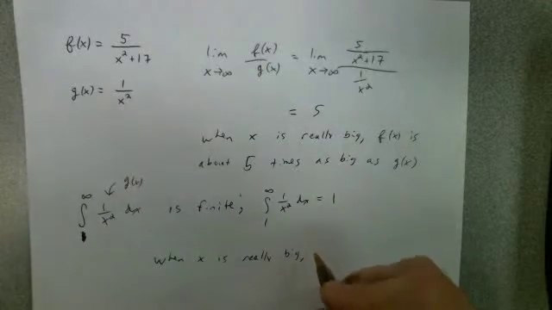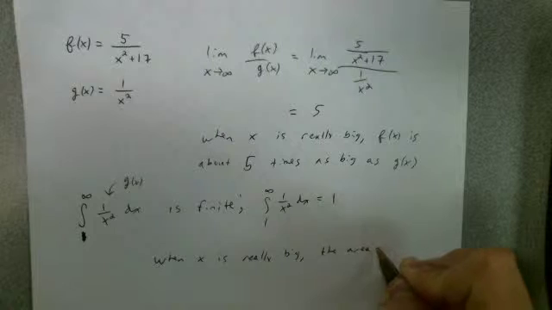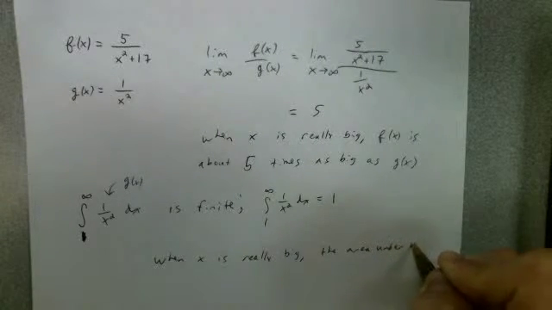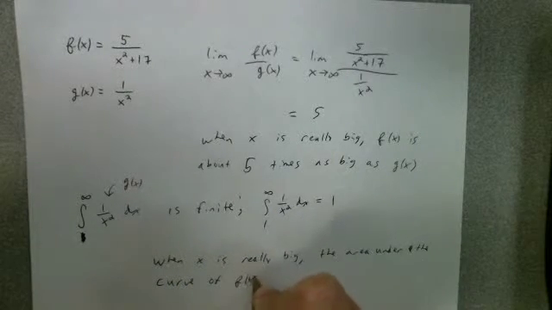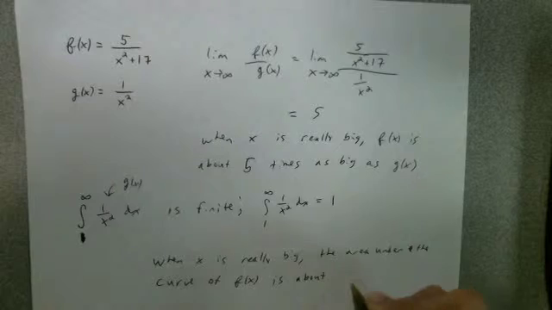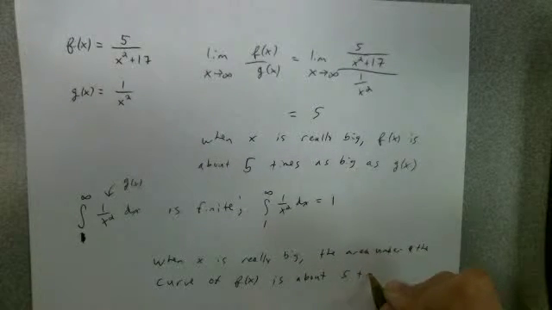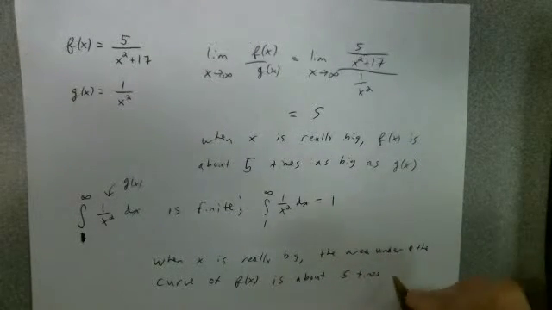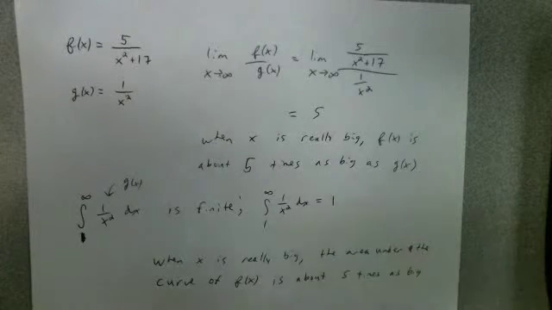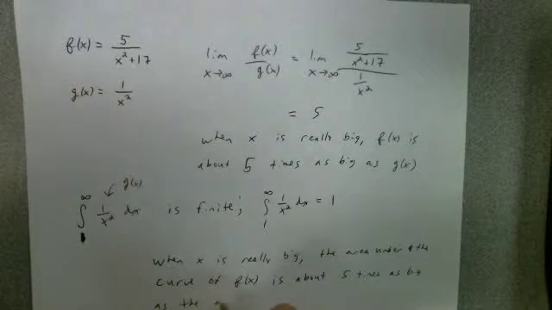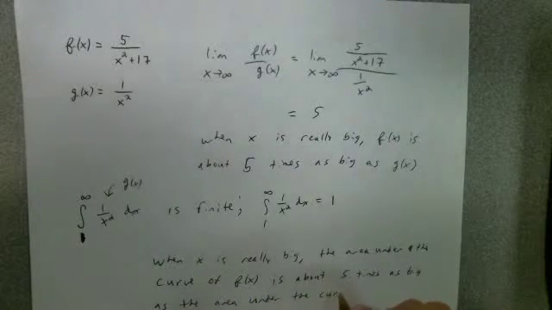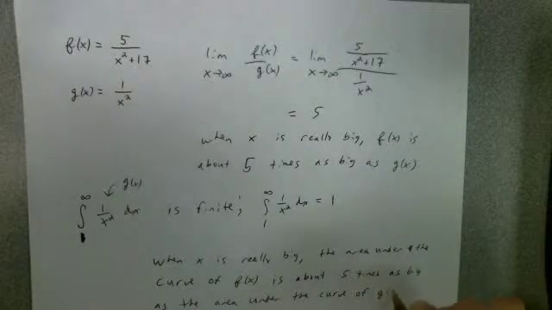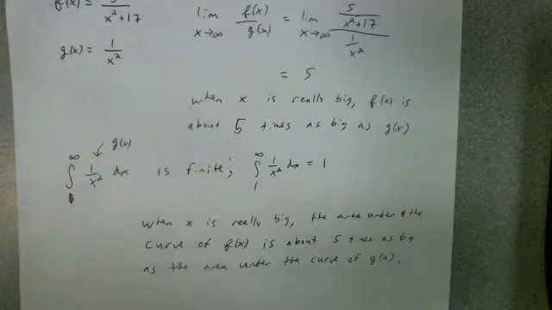So when x is really big, the area under the curve of f of x is about 5 times as big as the area under the curve of g of x.